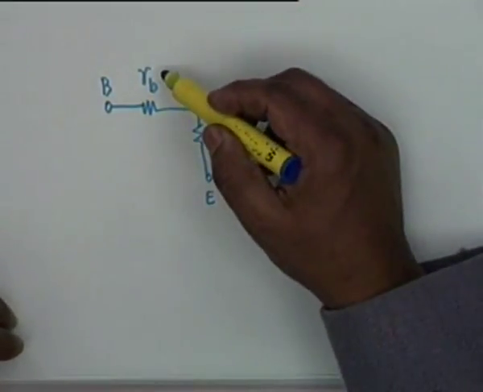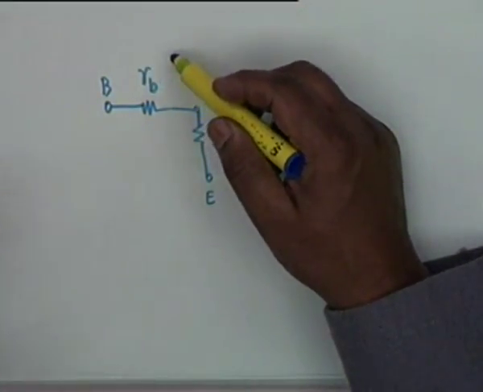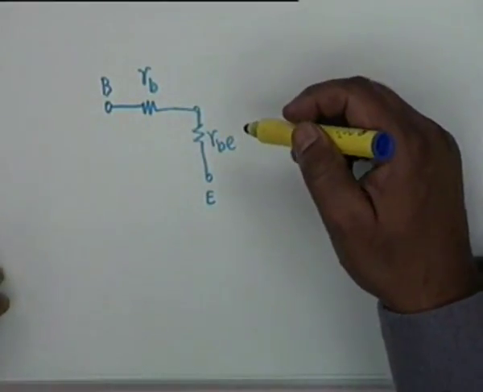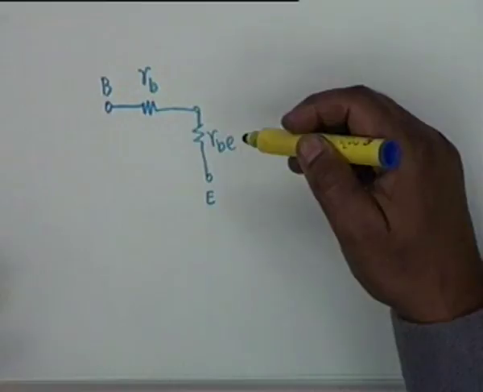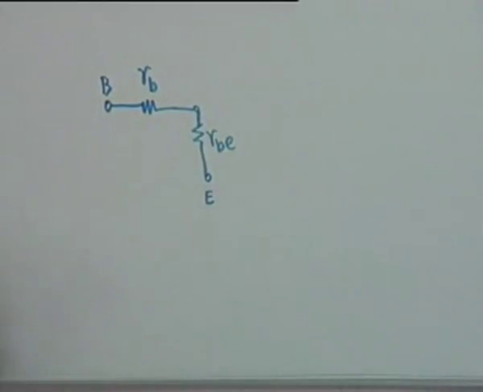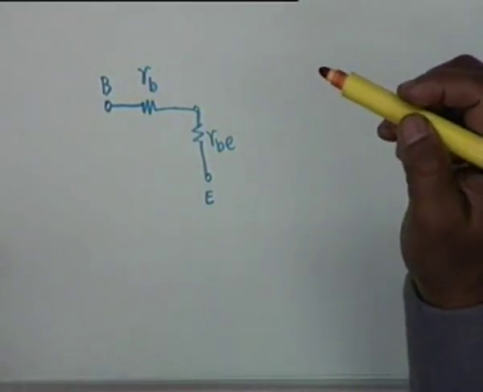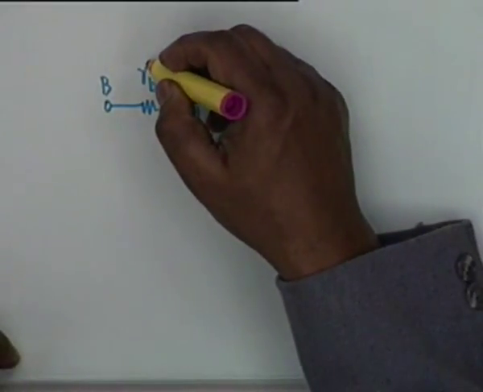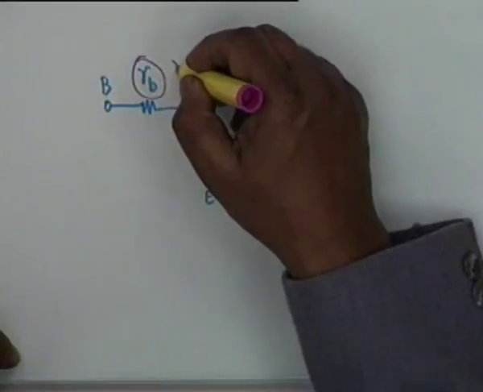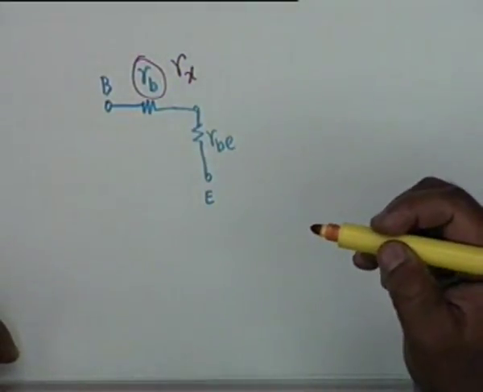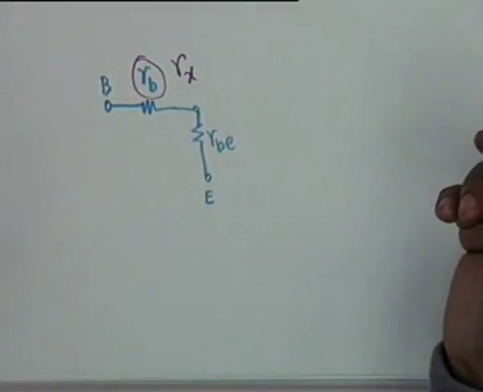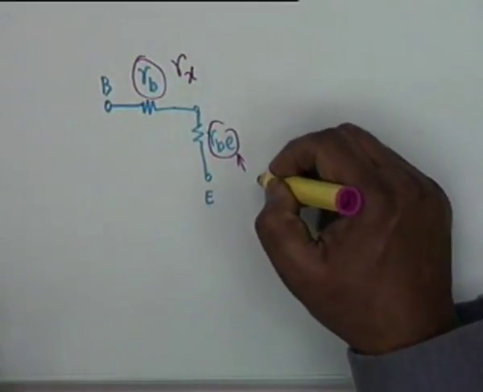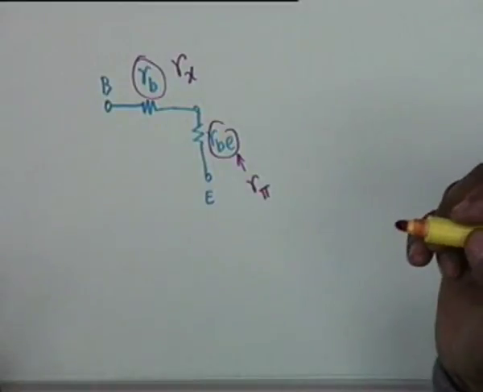One is due to the physical resistance of the base region, and the other is the diode dynamic resistance RBE. For reasons to be made clear later, and for simplicity and uniformity, in our circuit modeling, in the analysis of transistors, we shall denote this resistance by Rx and this resistance we will call R pi.